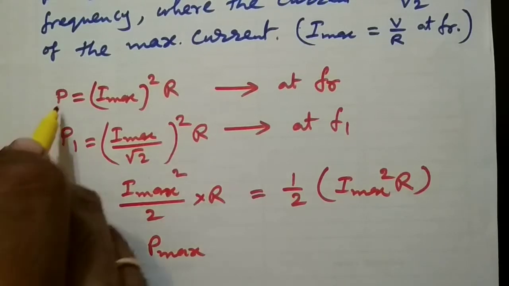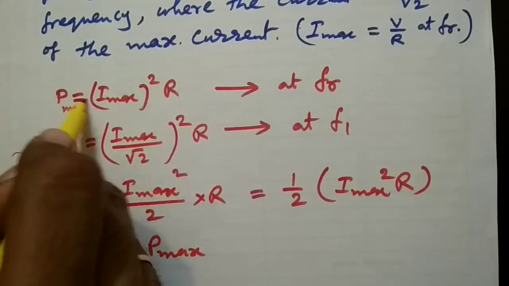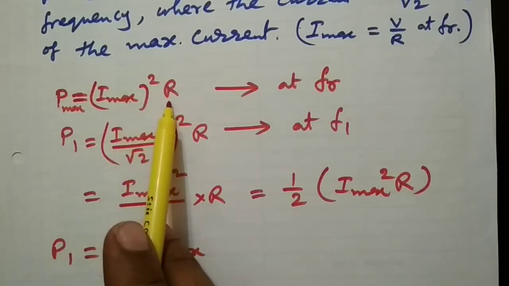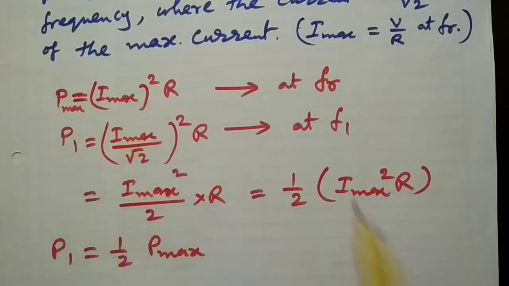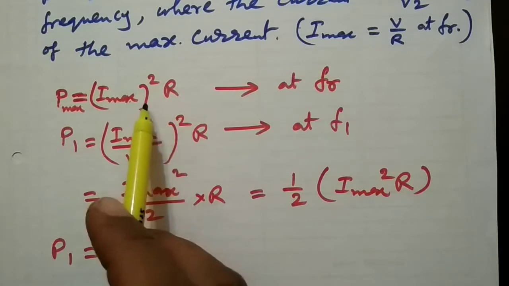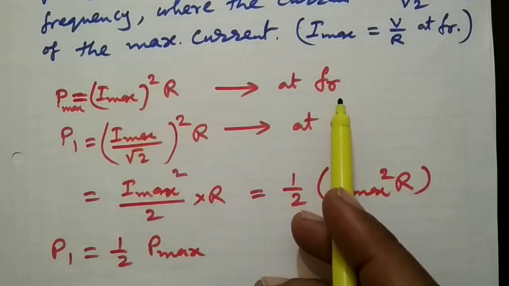What is Pmax? Pmax is the maximum power that we will obtain during resonance, that is Imax square into R. This is the maximum power. In an RLC series circuit, we cannot get power more than this value. So this is the power at resonant frequency.